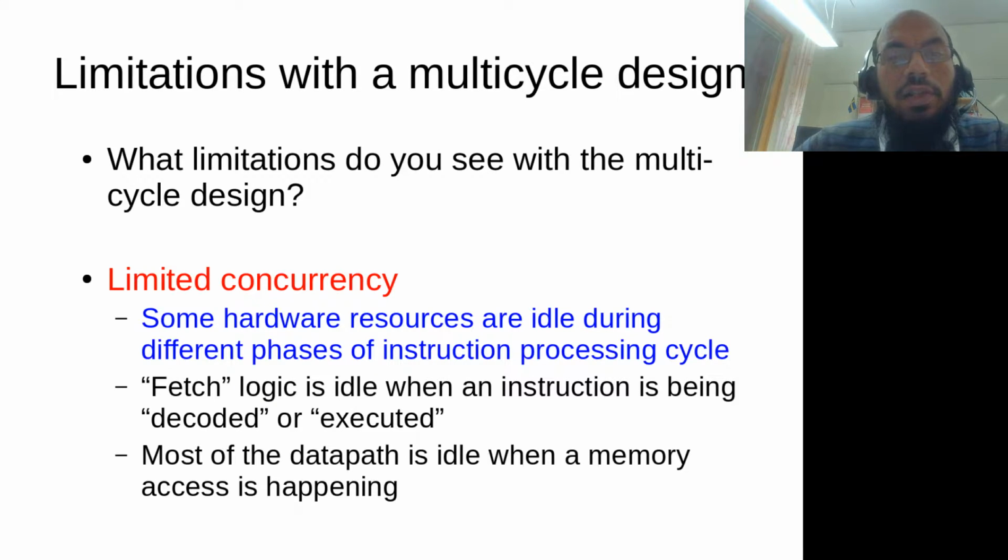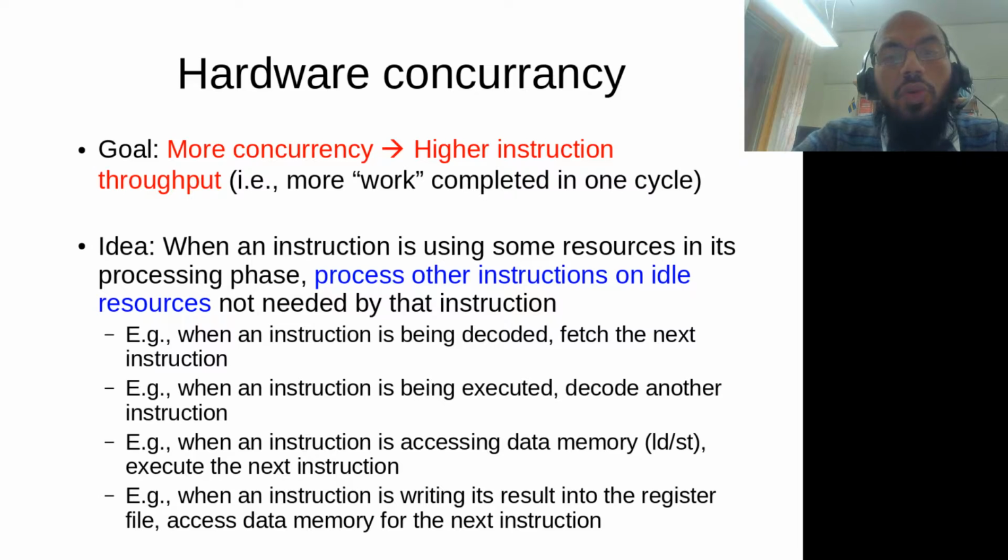And this pushed the idea of hardware concurrency. You want more concurrency, i.e. you want higher instruction throughput. You do not want to leave your CPU unused. That means you might want to use these empty phases in your CPU.